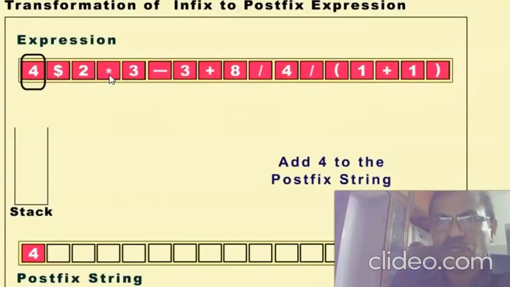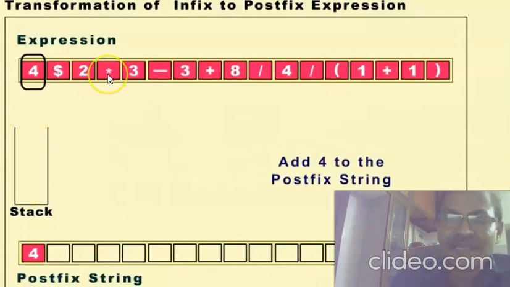property to be followed. Whenever we get an operator, it should be taken into the stack, but before that, the top of the stack should be compared with the operator that is coming in. If that operator is greater than the top value, then there is no problem. We can place it over the top of the stack.